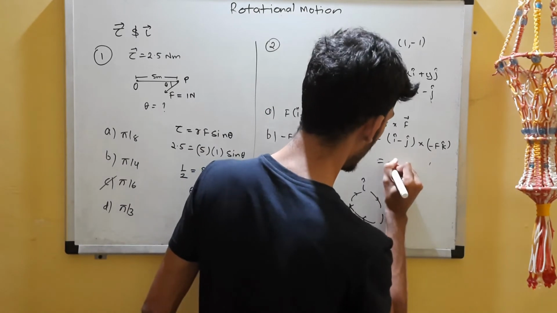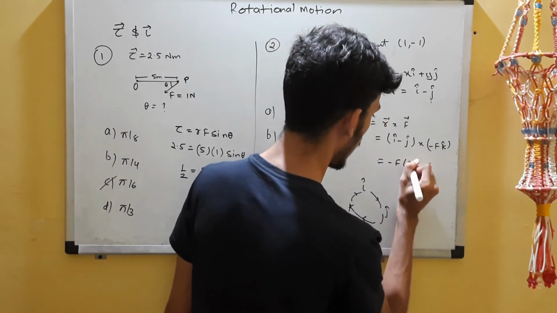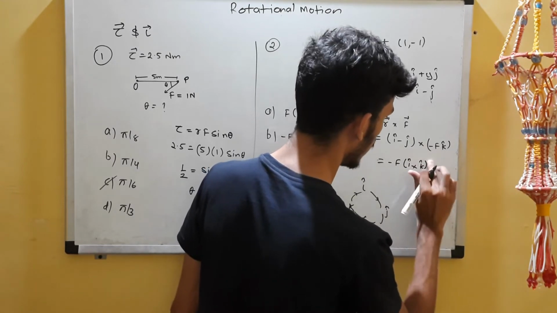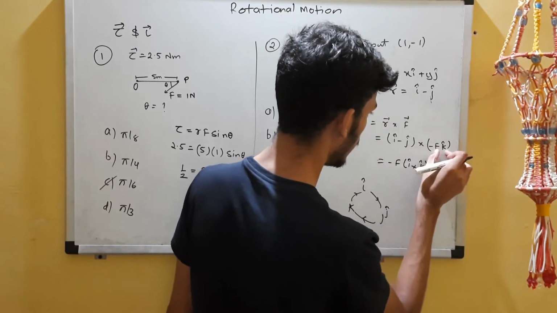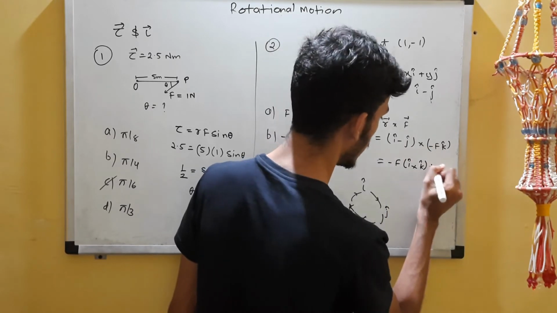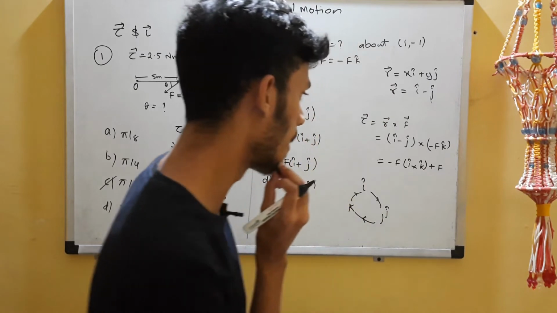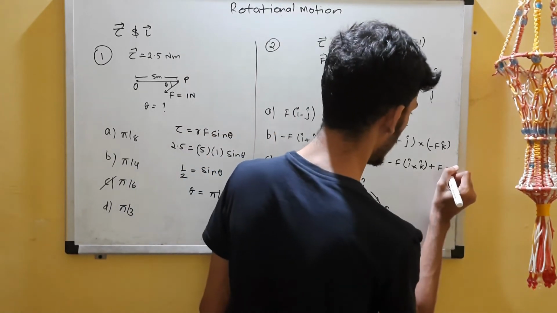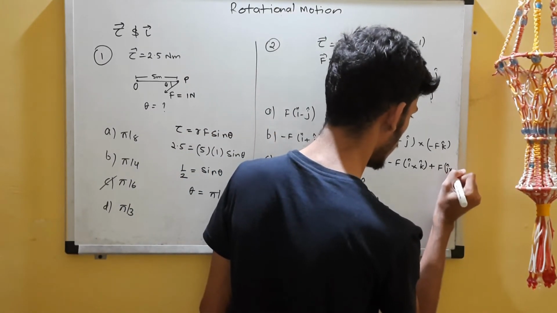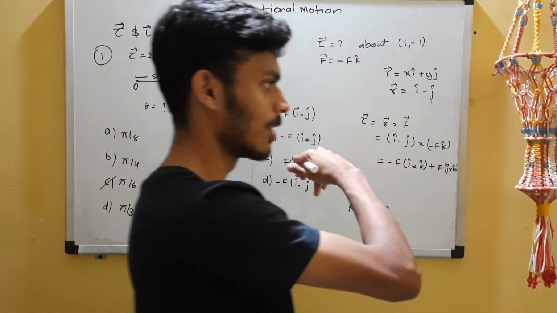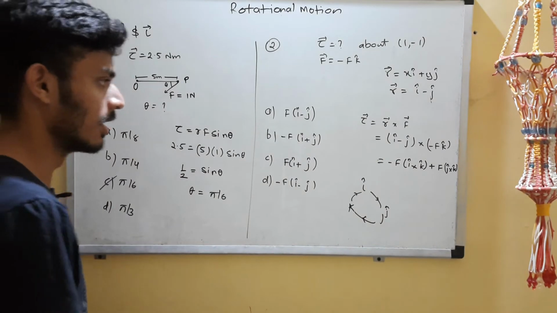So minus F I'll take common, and then we'll have i cap cross k cap. Again we have to multiply this with this one now. So minus and minus will make it plus, F I'll bring it out, and I can write j cap cross k cap. Order is important, so j cap cross k cap, not k cap cross j cap, you'll get the sign wrong.